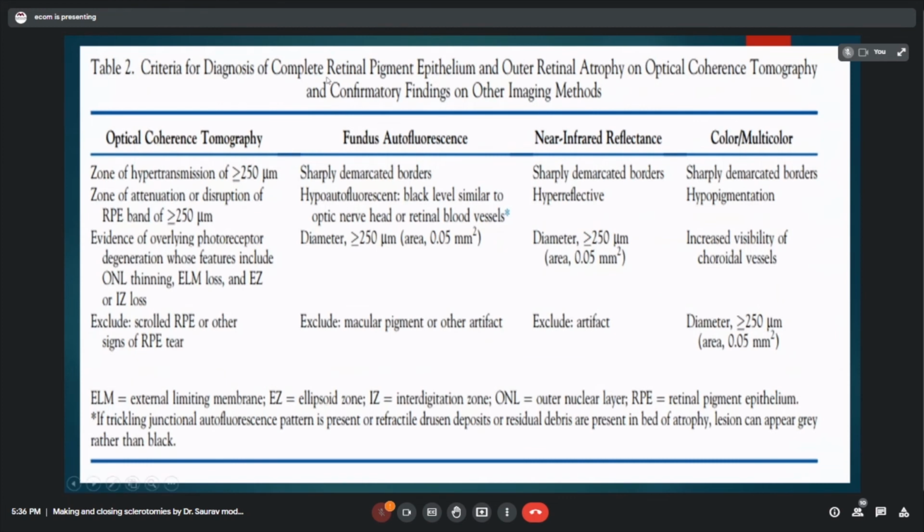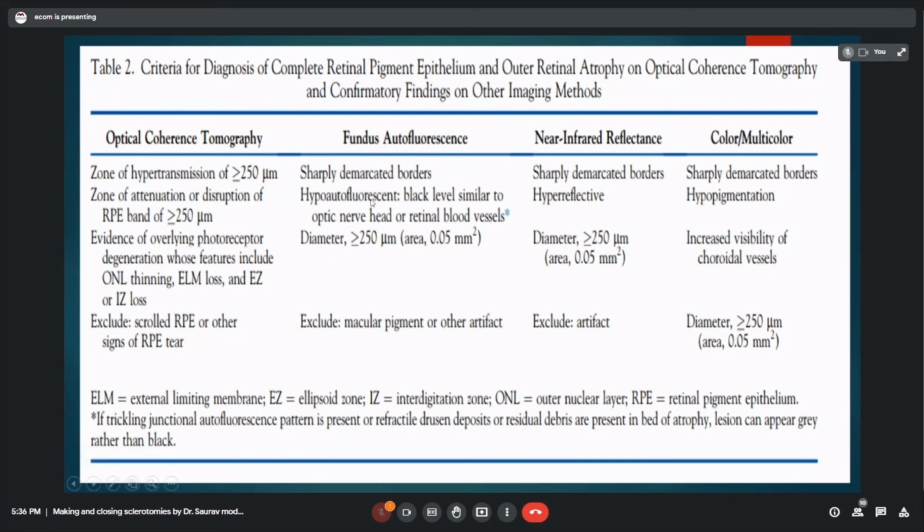So the criteria for diagnosis of complete retinal pigment epithelium and outer retinal atrophy on OCT are a zone of hypertransmission of more than 250 micrometers, a zone of attenuation or disruption of the RPE band of more than 250 micrometers, and evidence of overlying photoreceptor degeneration, whose features include outer nuclear layer thinning, external limiting membrane loss, and ellipsoid zone or interdigitation zone loss.